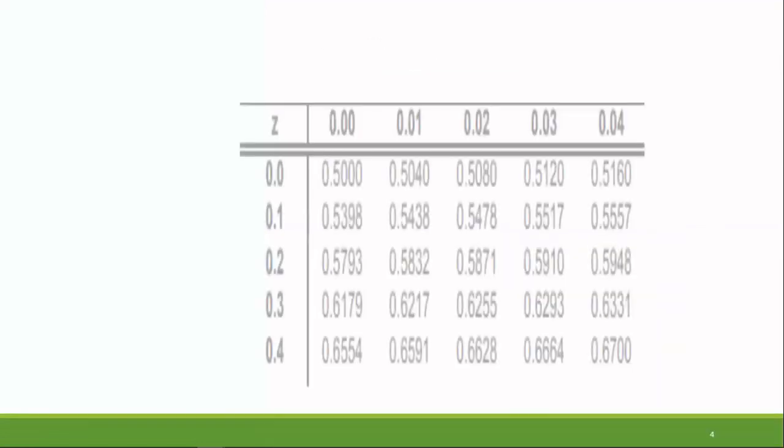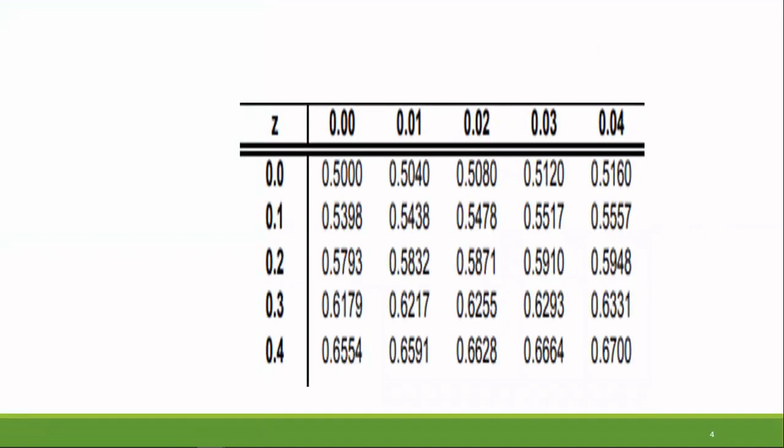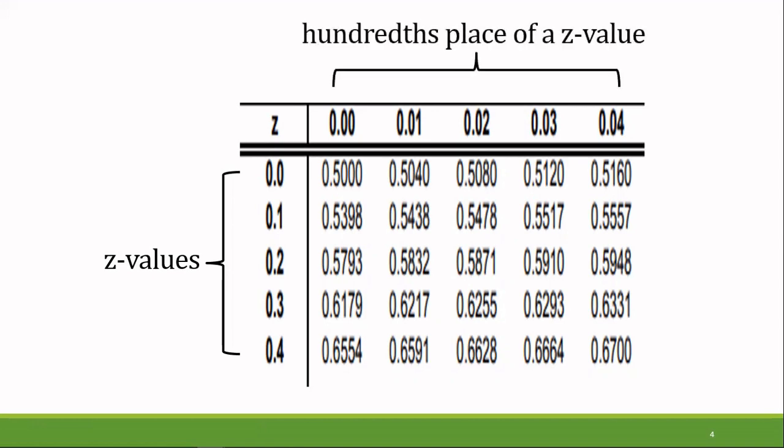So how do we use the z-table? Let me zoom in on this area or part of the z-table. The vertical part is the z values actually. The vertical and horizontal parts of the z-table are what we call the z-values. So, for specification purposes, the horizontal part is the hundredths place of a z-value.